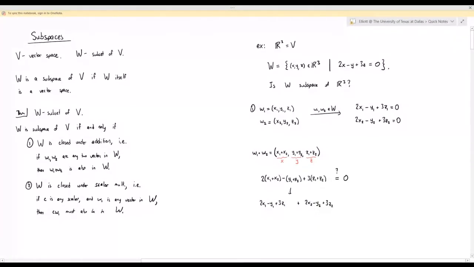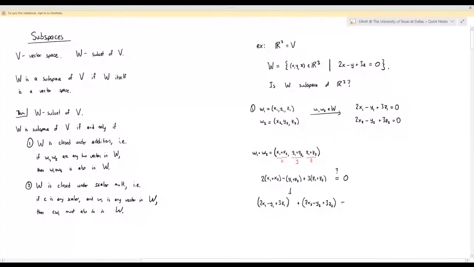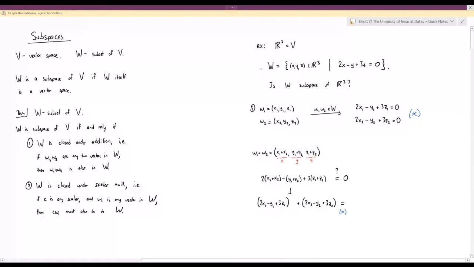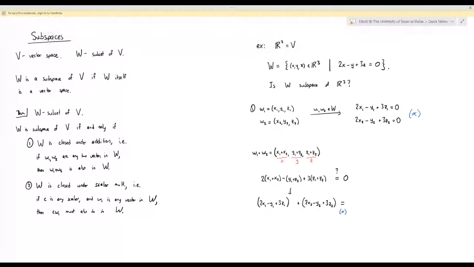So the left-hand side, you can rewrite it like this, and then using our assumption up here, each of those terms in parentheses is equal to 0. So this is really 0 plus 0. So then everything is equal to 0.